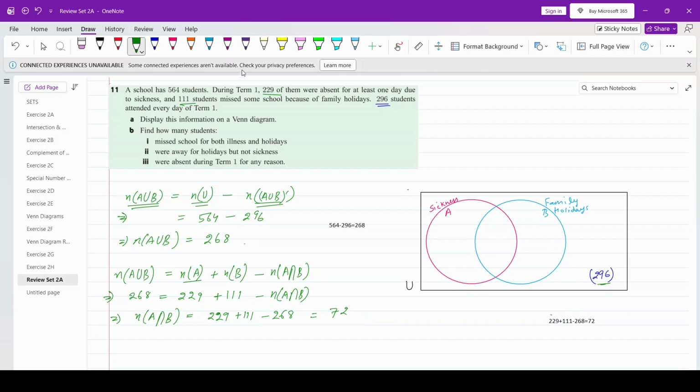So this intersection region has 72 students.